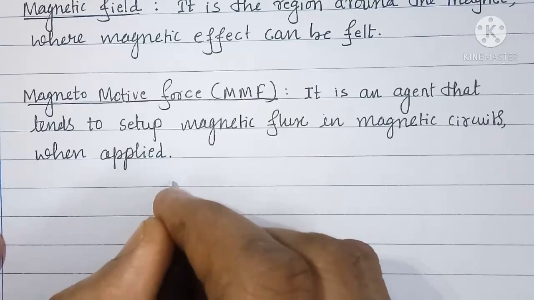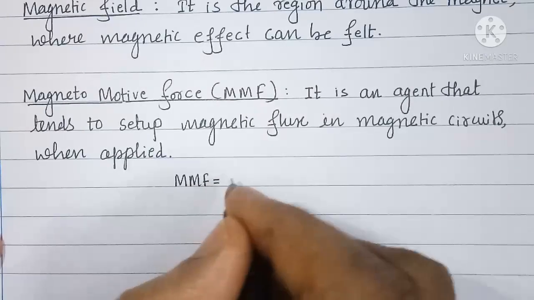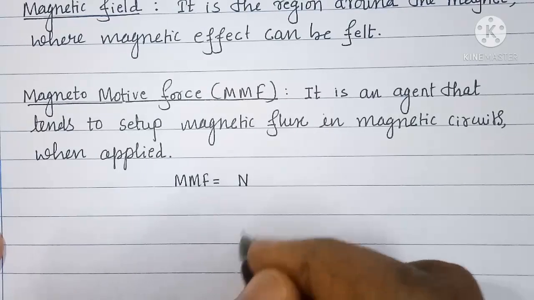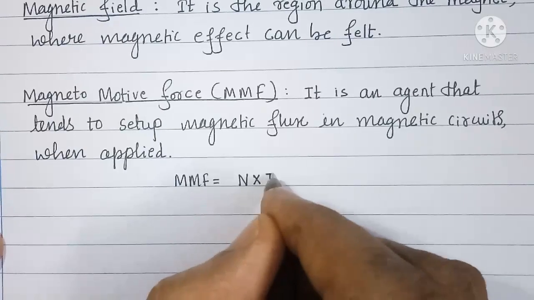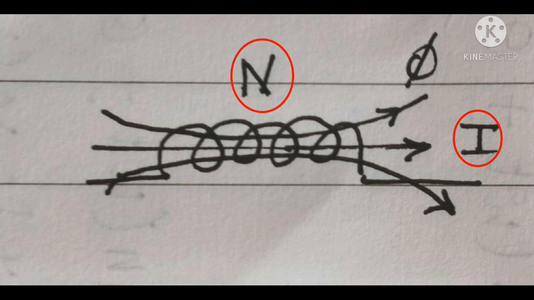MMF is calculated as number of turns in the winding into current flowing through the winding. We know that if current of I ampere flows through a coil having n number of turns, it sets up phi Weber of flux.